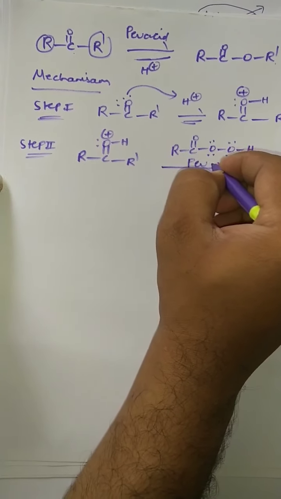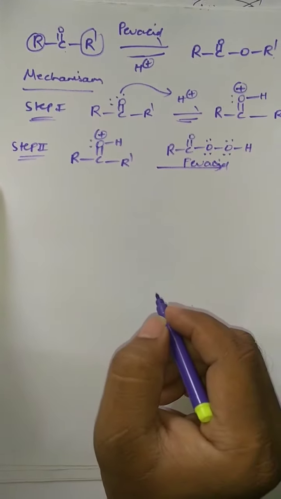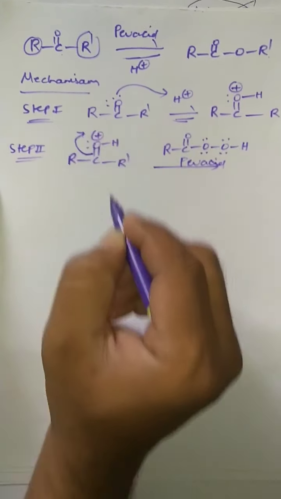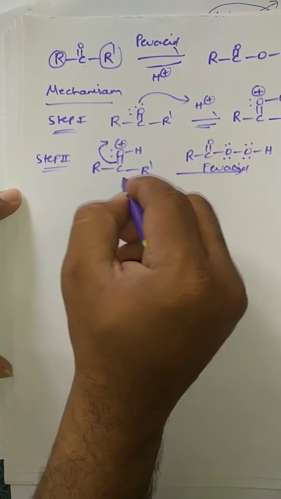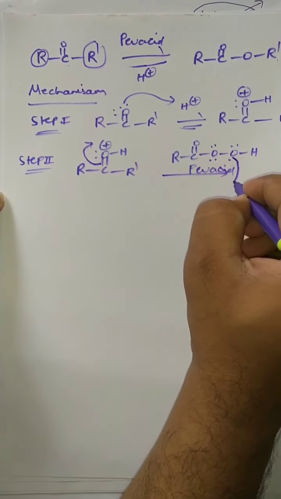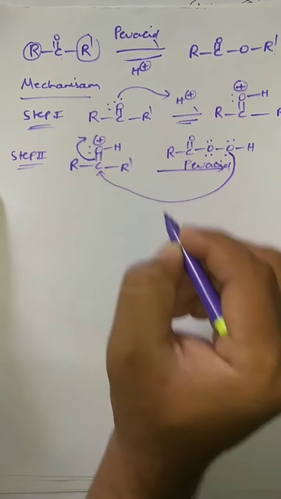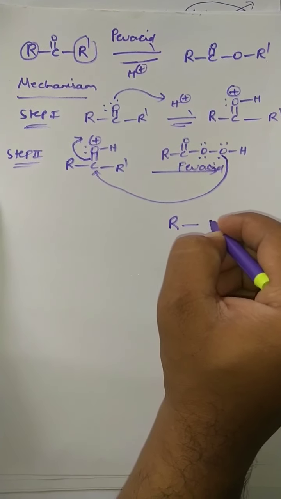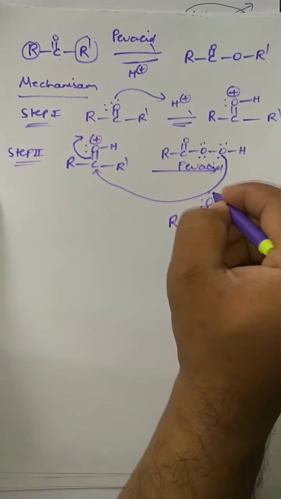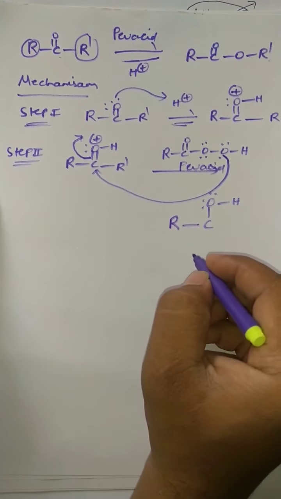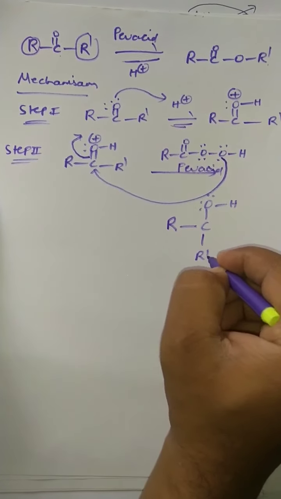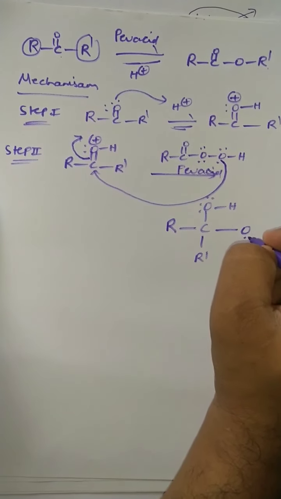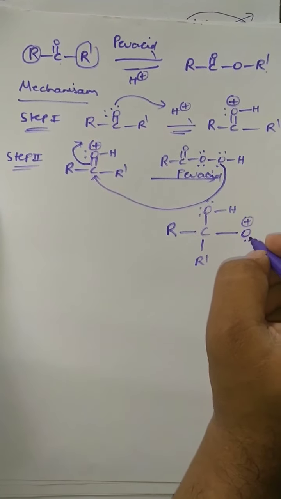Now a slight positive charge is observed here, and this oxygen donates a lone pair. Now what you are going to observe, students? R, C, OH, and next R dash. Next this oxygen donates, so the oxygen attains a slight positive charge.